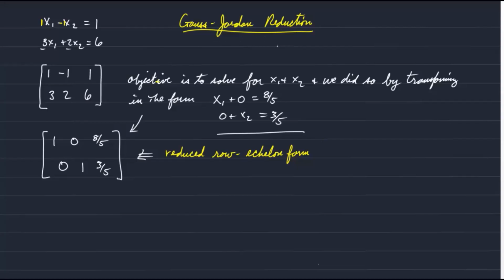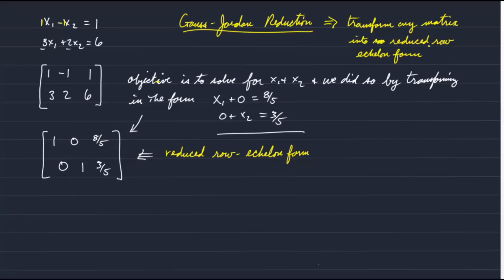So what Gauss-Jordan reduction does, and I'll show you in a minute, is transform any matrix into row or reduced row echelon form. So that's what Gauss-Jordan reduction is about.